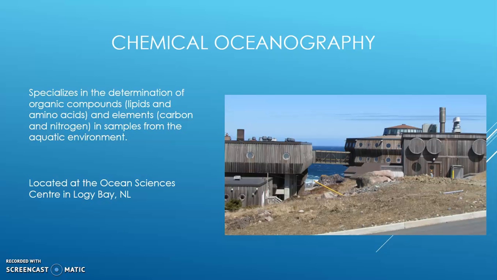Under chemical oceanography, we specialize in the determination of organic compounds such as lipids and amino acids, and inorganic elements such as carbon, nitrogen, and hydrogen. The vast majority of our samples come from the aquatic environment.